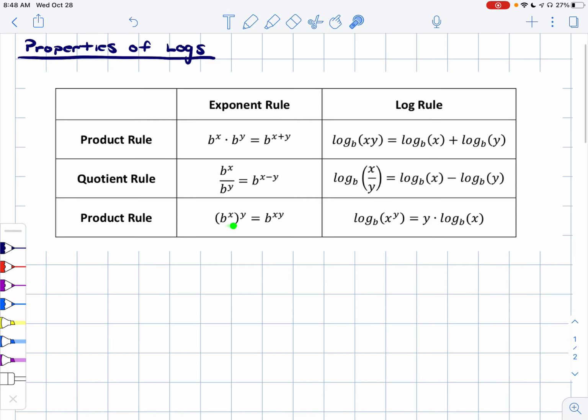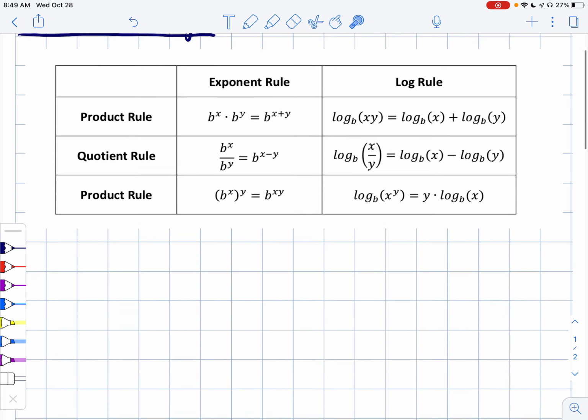And then for the power rule, we saw that one power raised to another, we multiplied. Well, the power rule for logs says that if we have a power in here, so something like x raised to the power of y, then we multiply that power by our log. So these three properties, the product rule, the quotient rule, and the power rule, are what we're going to be focusing on in this section.